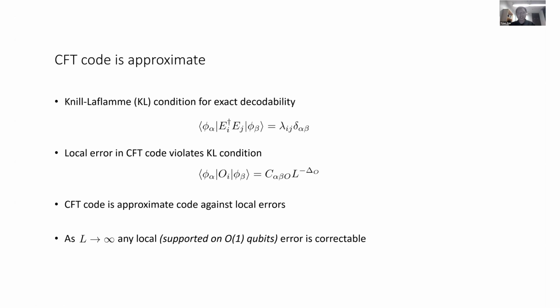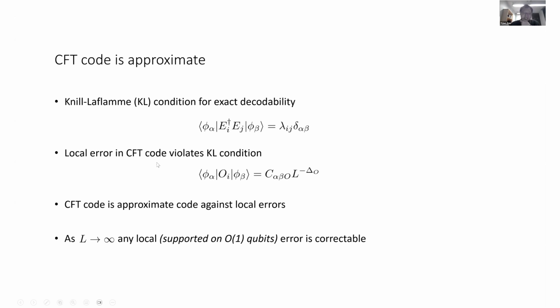You still want the state to be distinguishable from another state, phi alpha, which is contaminated by the error E_i. If these two states are not distinguishable from each other, then of course there's no way to distinguish phi alpha and phi beta after the noise, and no way to retrieve the logical information, right? So this is the condition for exact decodability.